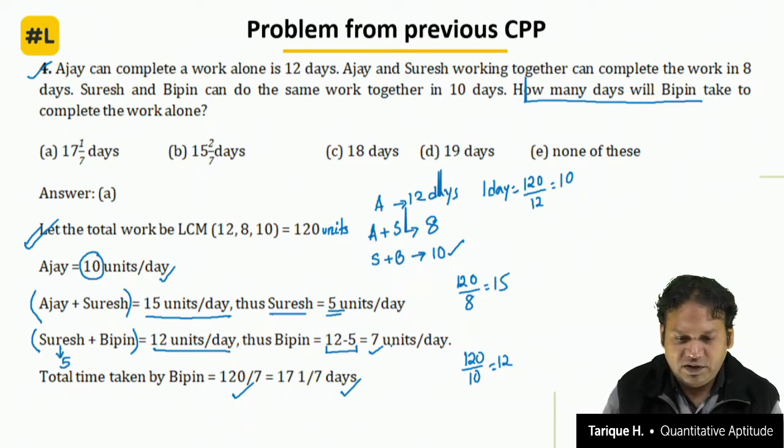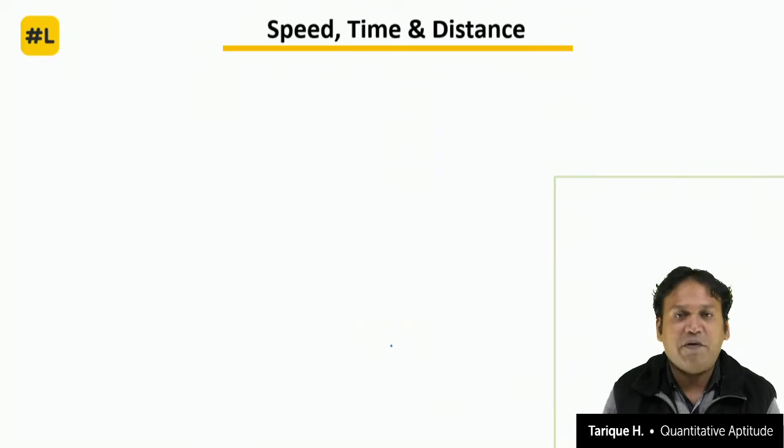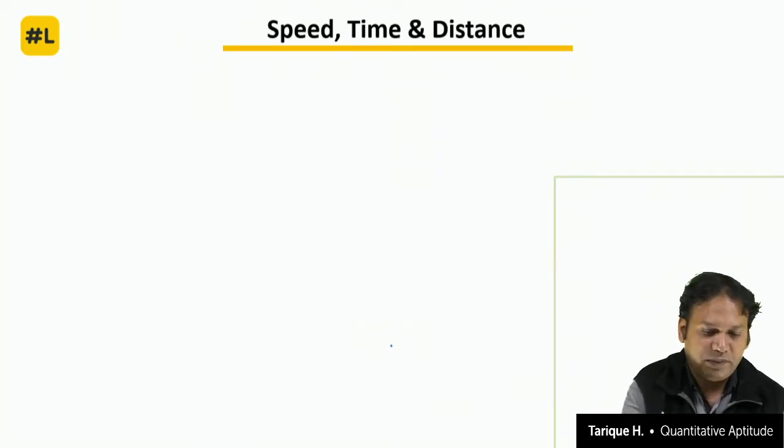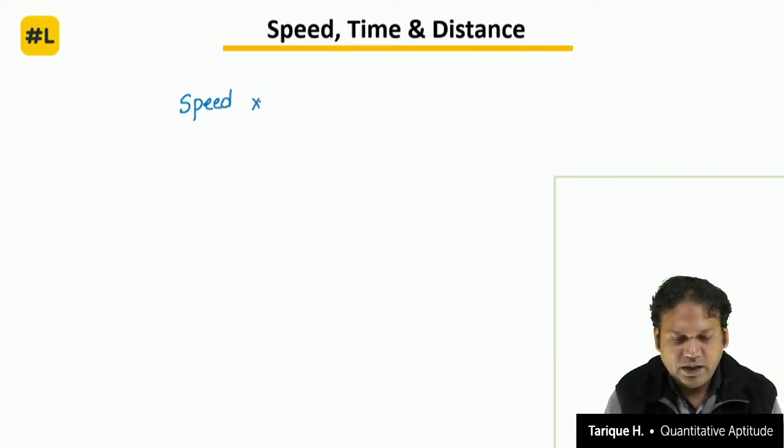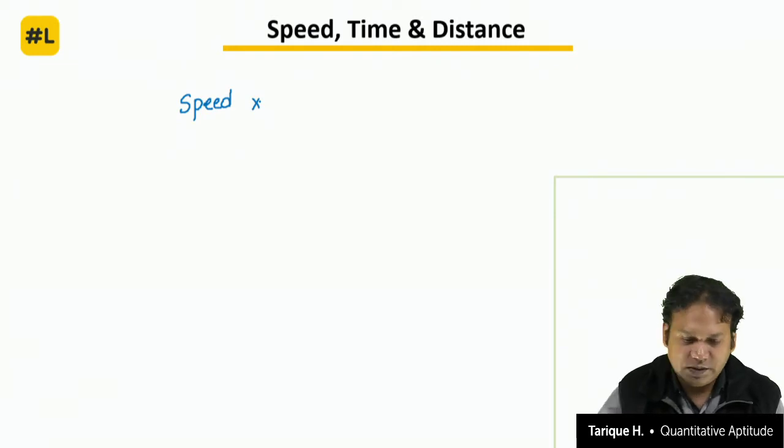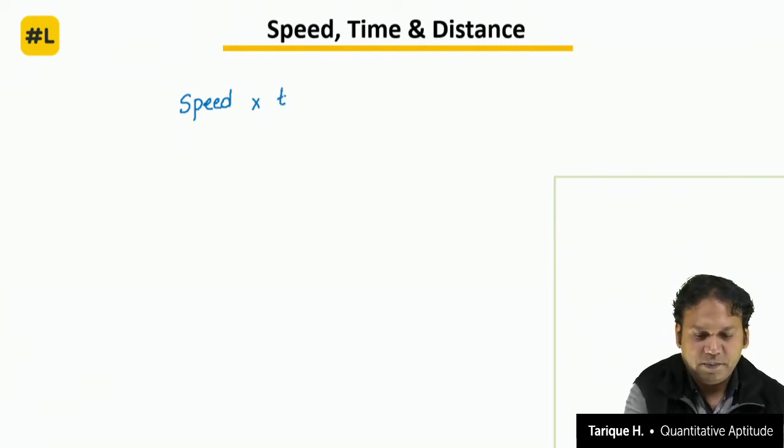Now let's start with the concept for today's session of speed, time and distance. For speed, time and distance, the basic formula is that speed into time is equal to distance.